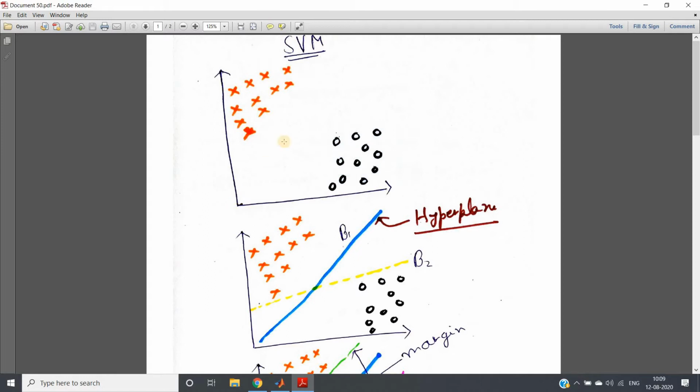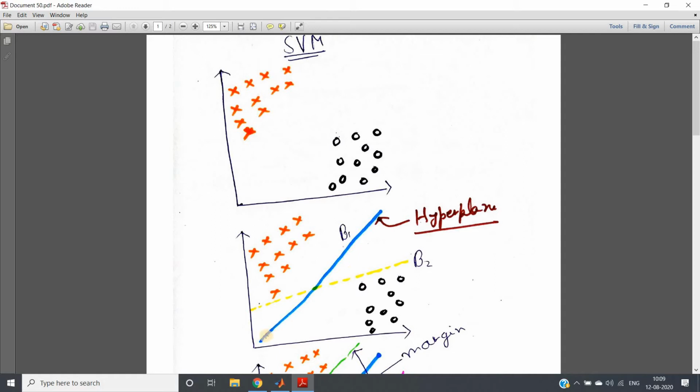One good divider line between these two classes can be this particular blue line. This is called a hyperplane in this case. No need to get confused by the term. In two dimensions the plane is nothing but a straight line. In three dimensions, it will be a space, what we studied in class 12 vector and 3D geometry.